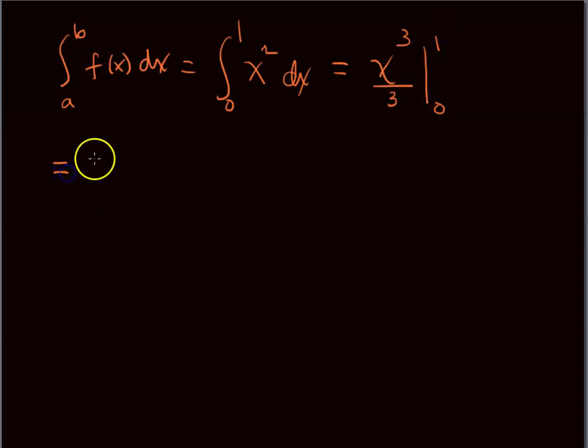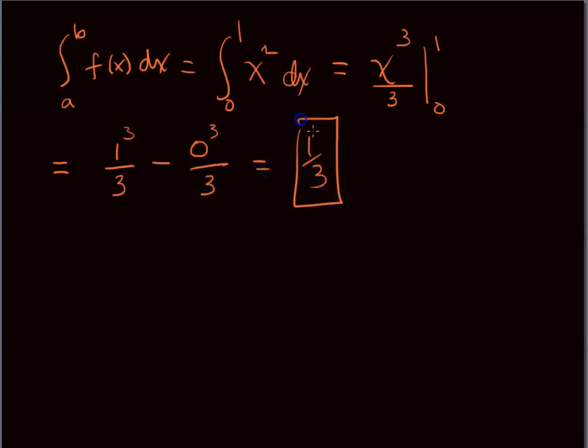That notation means plug in a 1, 1 cubed over 3, minus plug in a 0, 0 cubed over 3, which is just 1/3. Notice you get the same answer. So what this allows us to do, instead of going through all those limits, is get this answer pretty easily if you can find the antiderivative of this integrand.